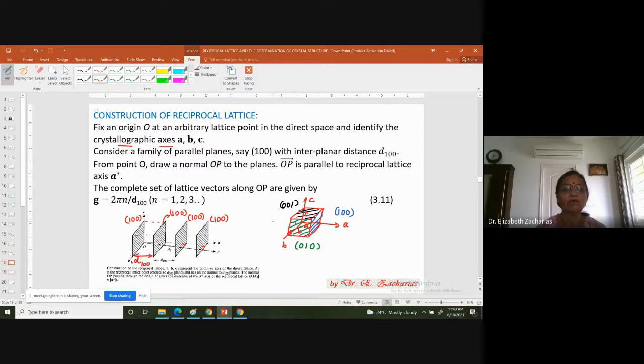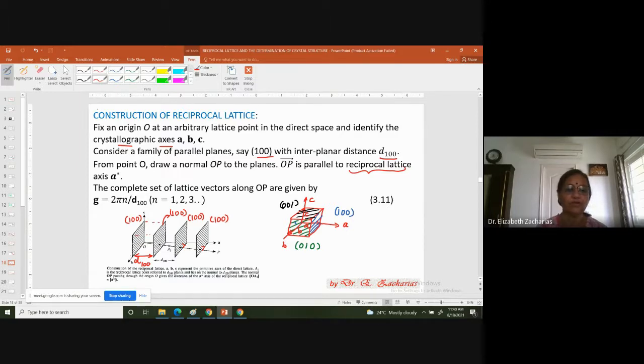Now I have taken this set of planes where the interplanar distance is D100. Then I'm drawing a normal OP so that it cuts through these various planes. The minute I say drawing a normal to a family of planes, immediately you will be remembering the word reciprocal lattice, because that's what we have been talking about for the last few days.